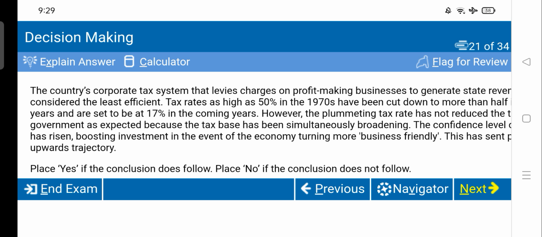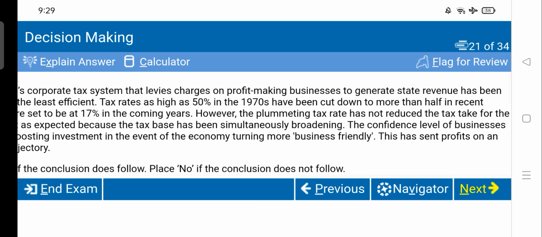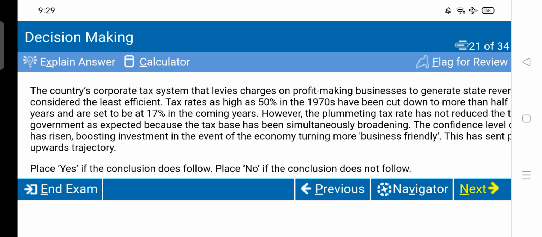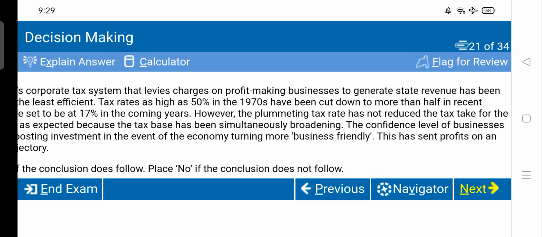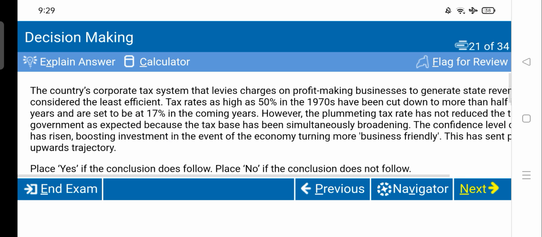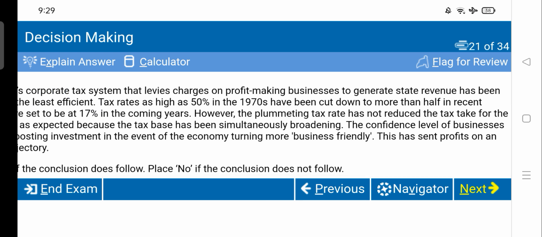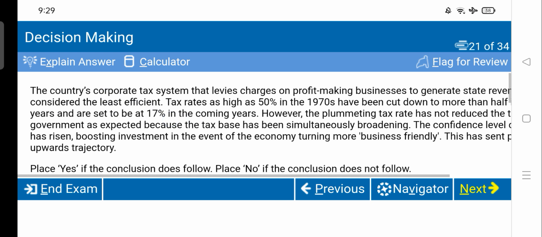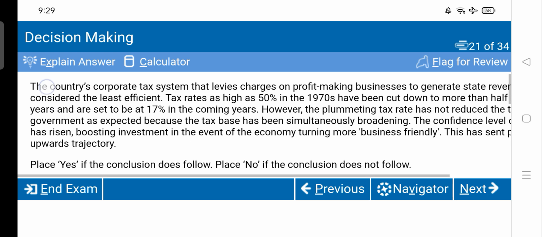However, the plummeting tax rate has not reduced the tax take for the government as expected because the tax base has been simultaneously broadening. The confidence level of businesses has risen, boosting investment in the event of economy turning more business friendly. This has sent profits on an upwards trajectory.